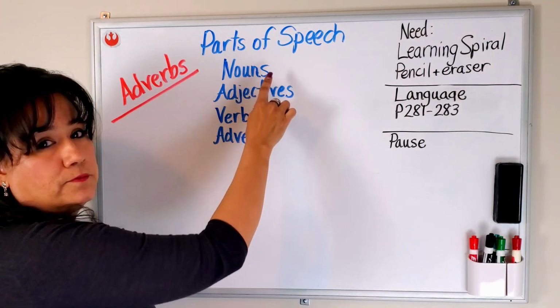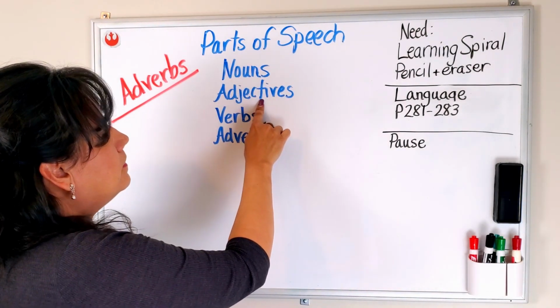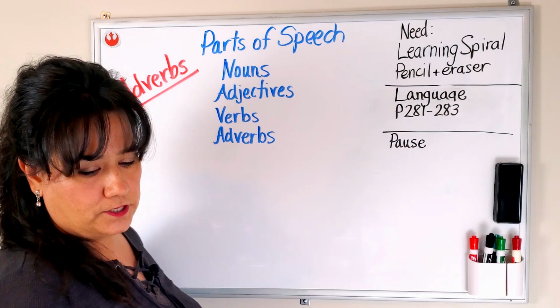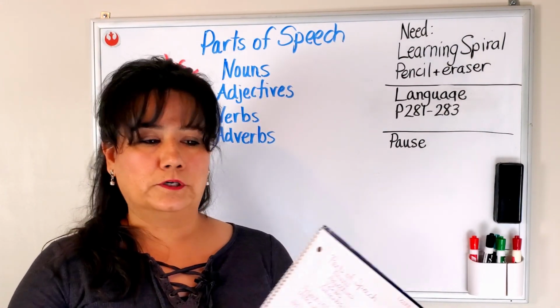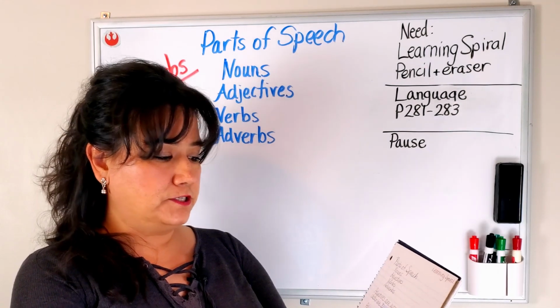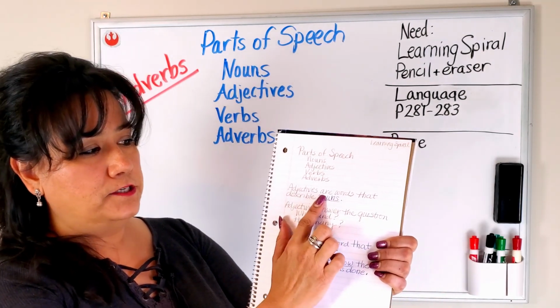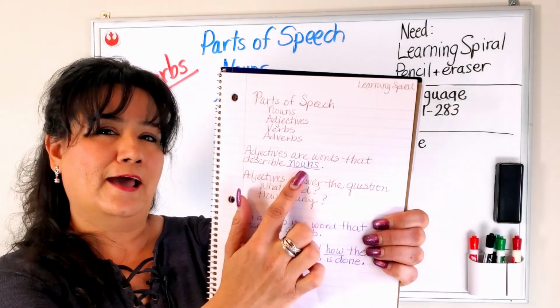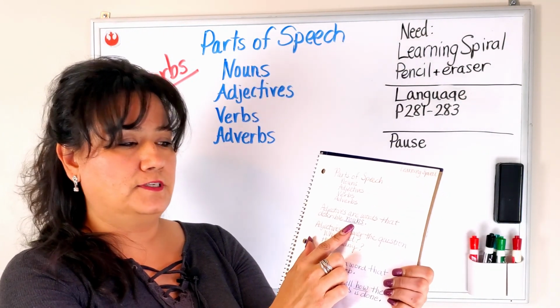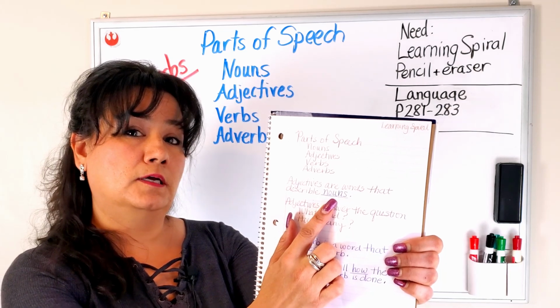We've been learning that from the beginning of the year. And then Ms. Rutowski gave us some definitions about adjectives. And I just wanted to add one little word to the definition on adjectives. And it says adjectives are words that describe, and I added the word nouns because adjectives describe nouns.